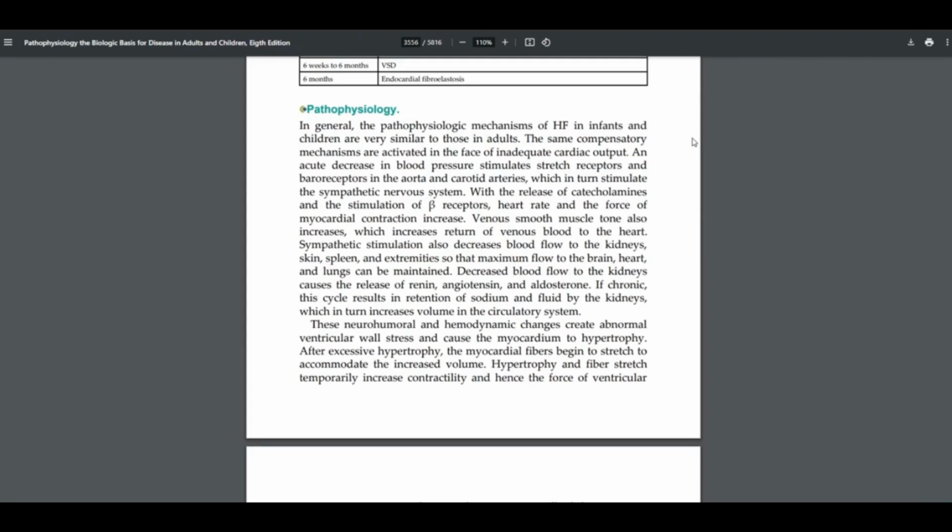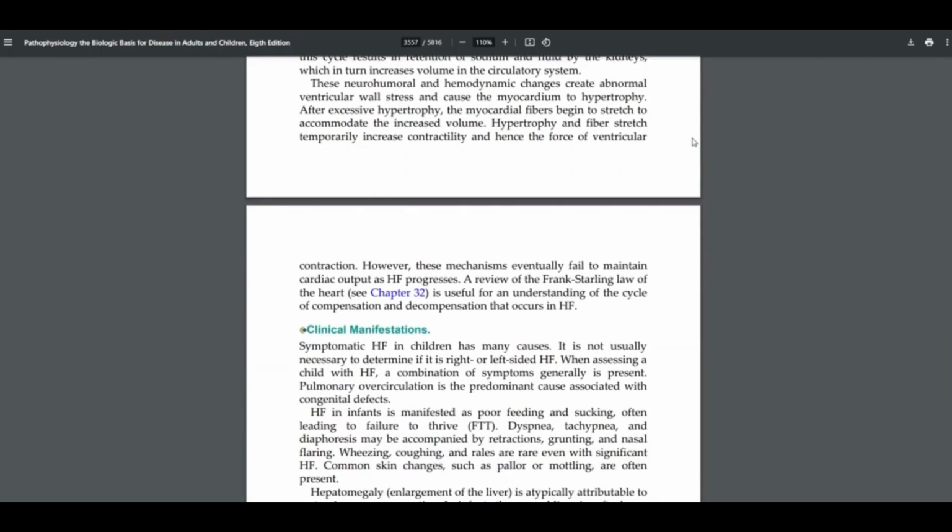These neurohumoral and hemodynamic changes create abnormal ventricular wall stress and cause the myocardium to hypertrophy. After excessive hypertrophy, the myocardial fibers begin to stretch and accommodate the increased volume. Hypertrophy and fiber stretch temporarily increase contractility, and hence the force of ventricular contraction.